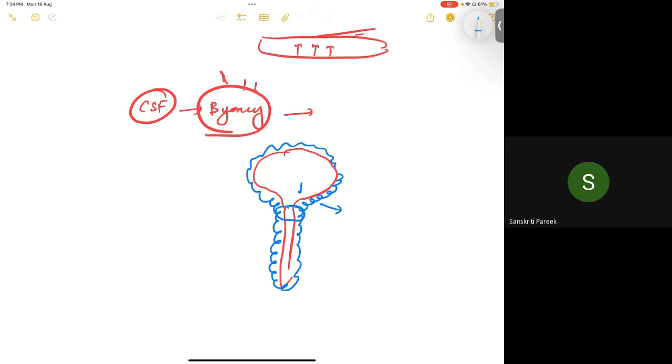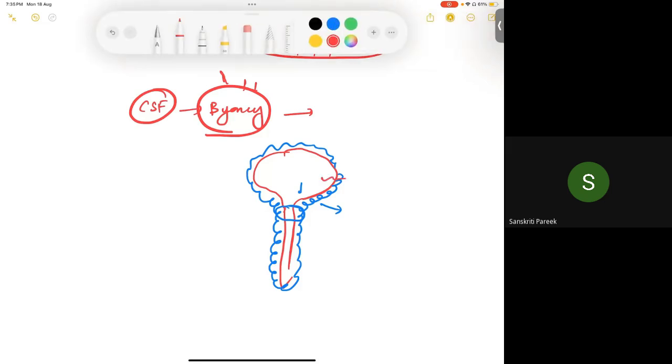And another thing, we know from the brain, we are having a lot of cranial nerves which are moving out. So as the brain is herniating downward due to less CSF, won't these cranial nerves be pulled with that? Won't we be having problems of cranial nerves? Yes. We have blood vessels as well.